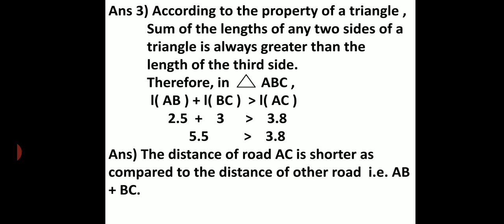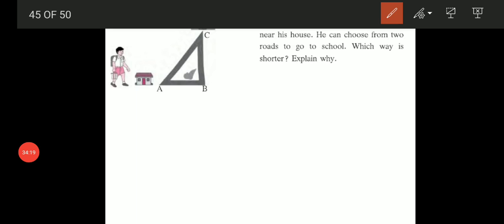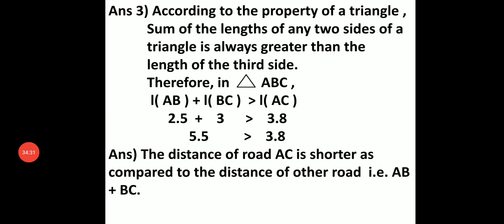Now based on this property, therefore, in triangle ABC, length AB plus BC, I'll just again show it to you. So this length AB plus BC, when we add these 2 lengths, they will always be greater than the length of AC. So here you can see that length AB plus BC is greater than the length of AC.